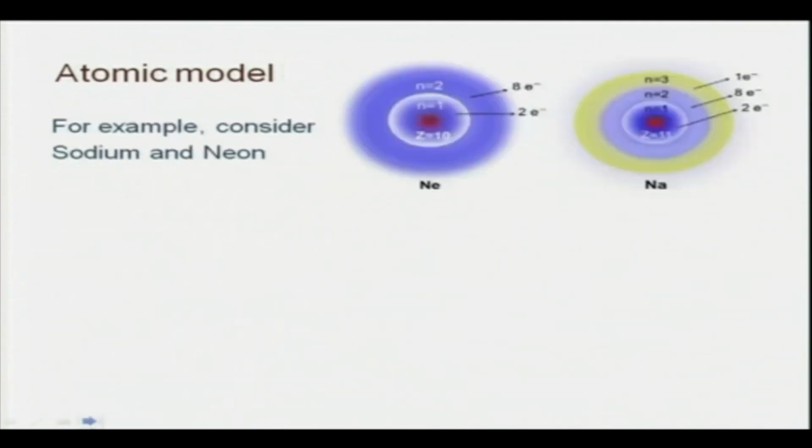For example, if you consider neon and sodium, neon has 10 protons and 10 electrons. So, the n equal to 1 and n equal to 2 shells are completely filled; n equal to 2 can take 8 electrons and it is completely filled. Together n equal to 1 and 2 have 10 electrons, so there are no incompletely filled shells.